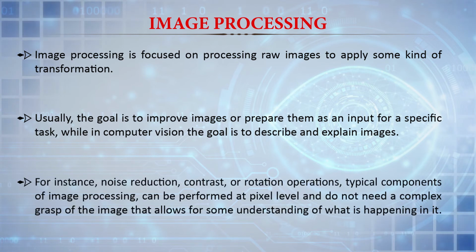For instance, noise reduction, contrast, and rotation are typical components of image processing, which can be performed at pixel level and do not need a complex grasp of the image that allows for some understanding of what is happening in it. So, image processing is trying to improve the images, while the computer vision goal is to describe and explain the images.